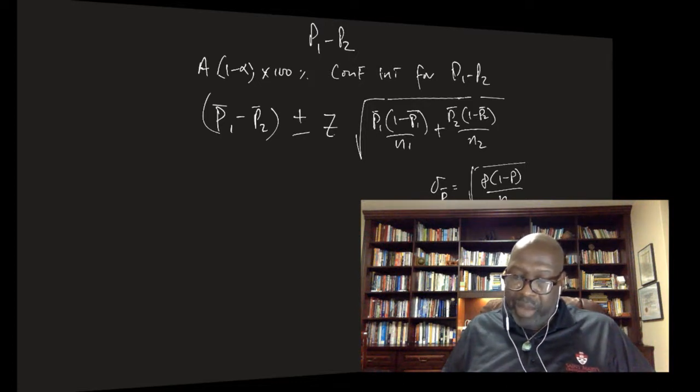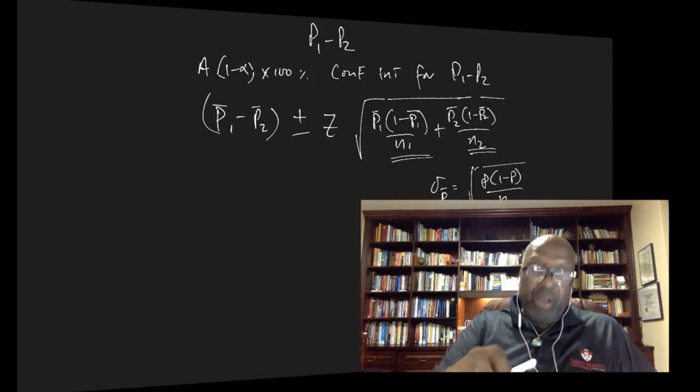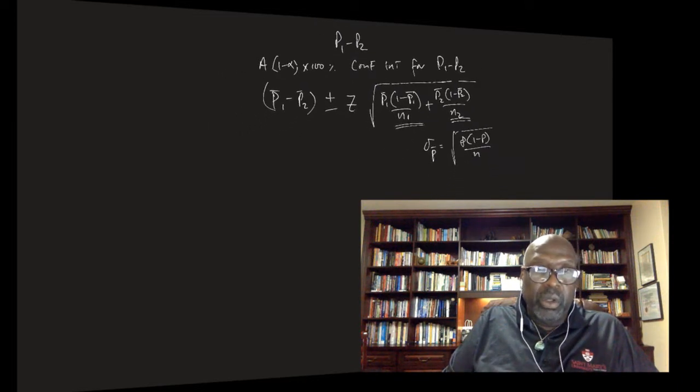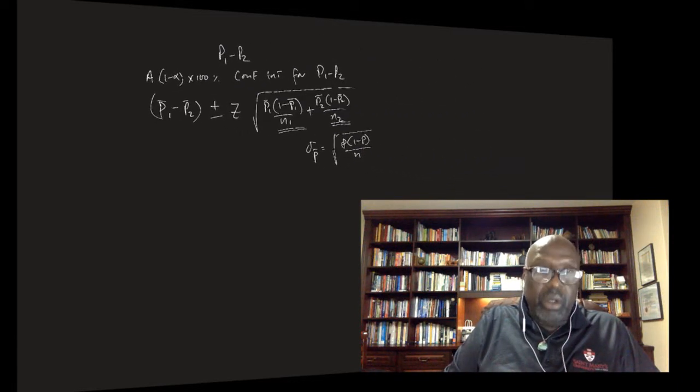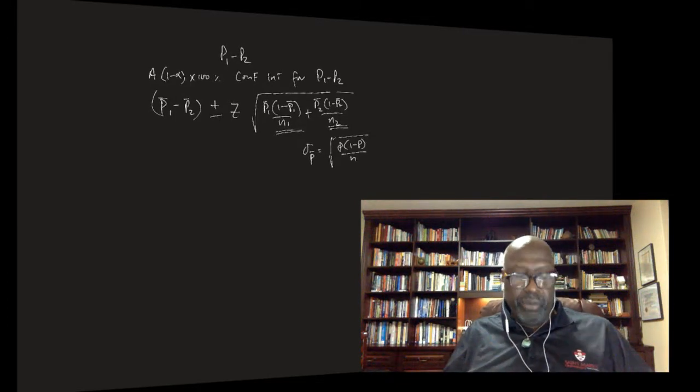Well, now what we have to do is put the two variances on the inside, add them, and then take the square root. Okay? So that's our confidence interval formula.